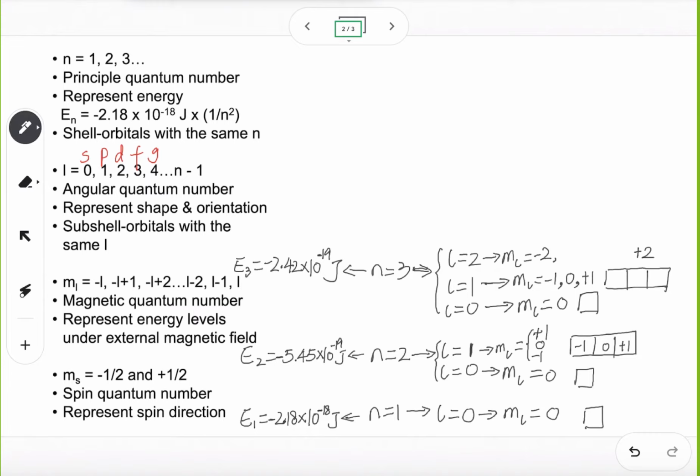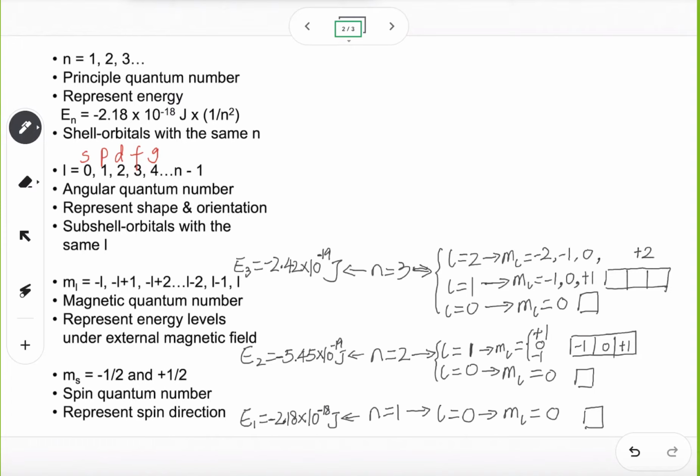That will be -1, right? The next value would be -L plus 2. -2 plus 2 would be 0. We can keep going because we haven't reached the upper limit +2 yet.